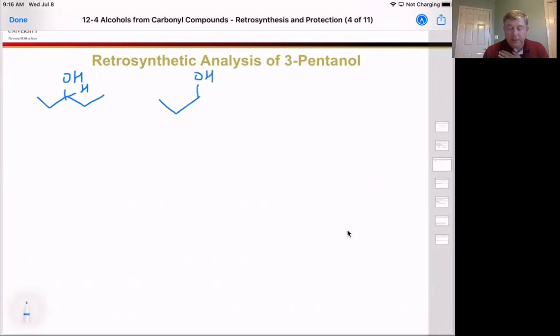So if we redraw this without the hydrogen on it, since we know we have to have a hydrogen, we can either break the chain on one side, or we can break the chain on the other side. We only need to do one because we are going to add one R group during our reaction synthesis.